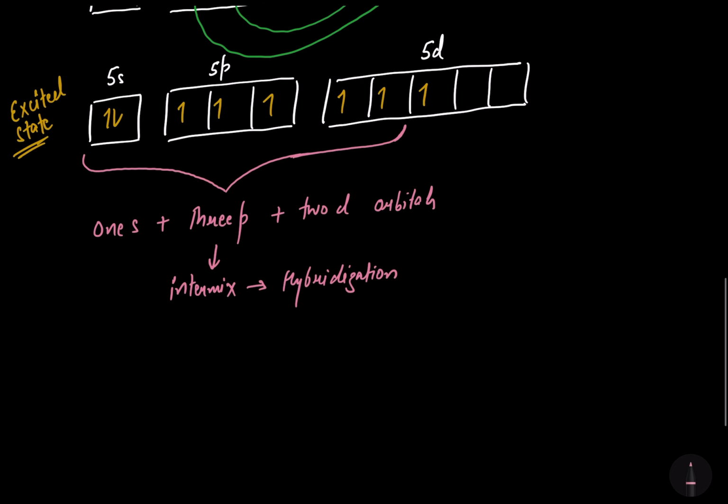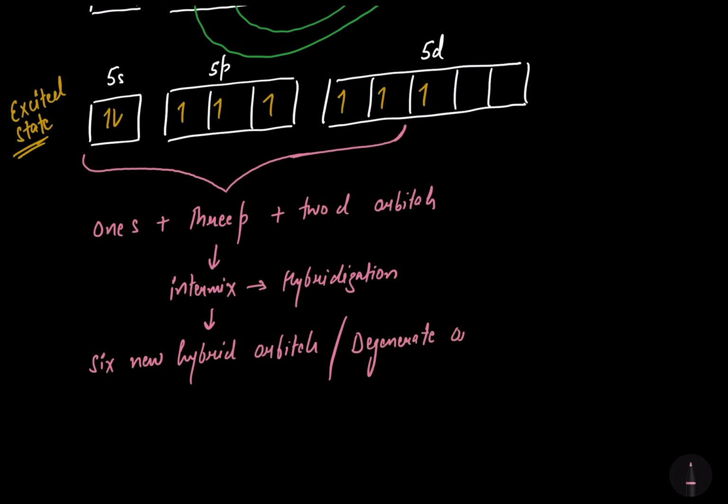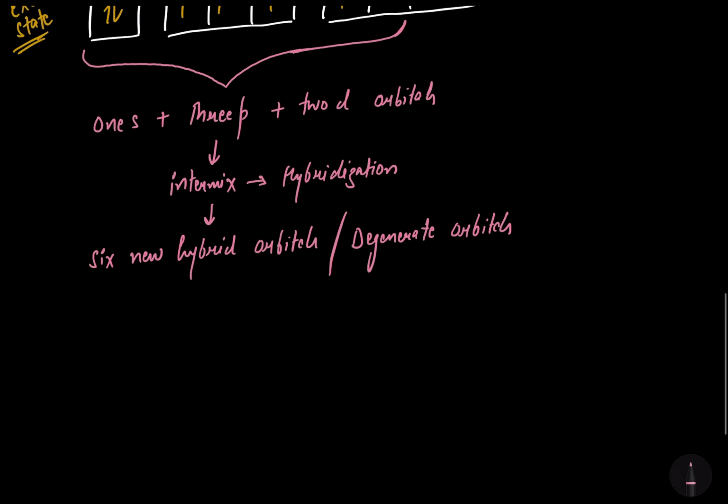So here a total of 6 atomic orbitals are mixing, accordingly we are going to have 6 new hybrid orbitals with equal energies. That means these 6 new hybrid orbitals are also degenerate orbitals. So I am making 6 new hybrid orbitals.